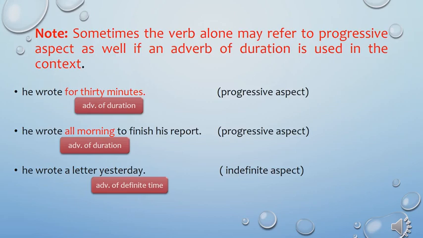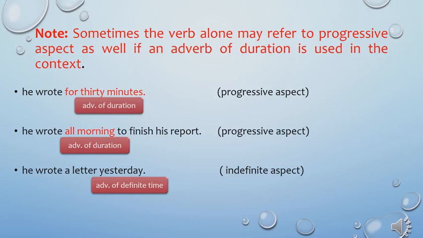That is why we can say, because we have yesterday as an adverb of definite time, that wrote is a verb that has an indefinite or a simple aspect, because here we have an adverb of definite time, not an adverb of duration.